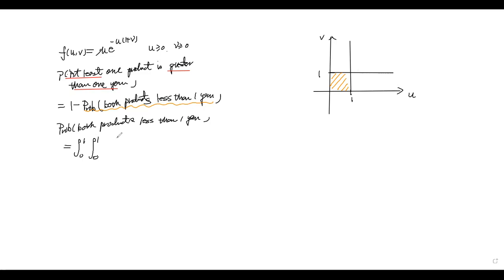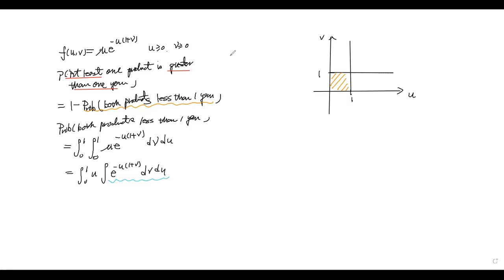The integrand is u e^(-u(1+v)), and it will probably be easier to integrate with respect to v first. We can take the u outside, so it's the integral of e^(-u(1+v)) dv du.